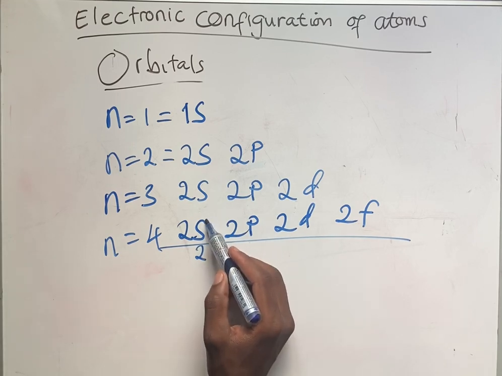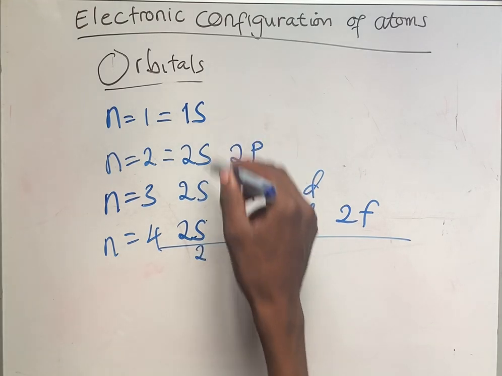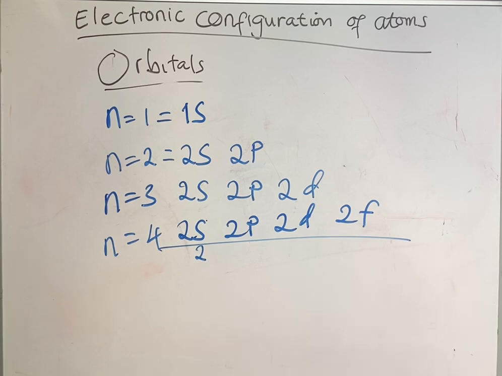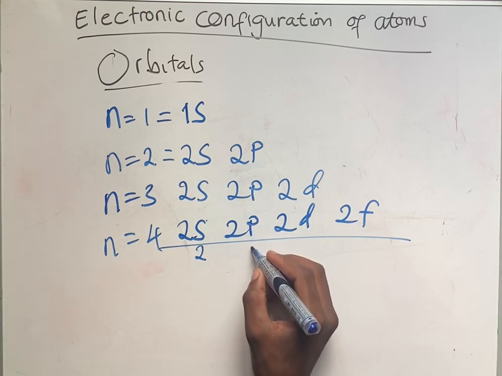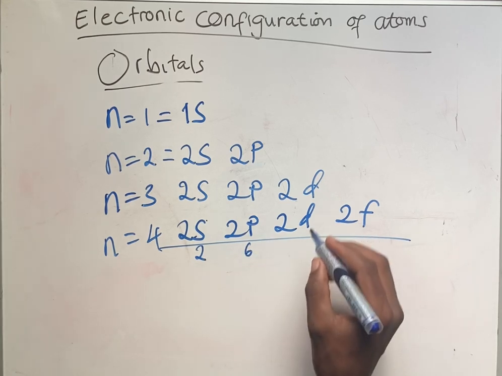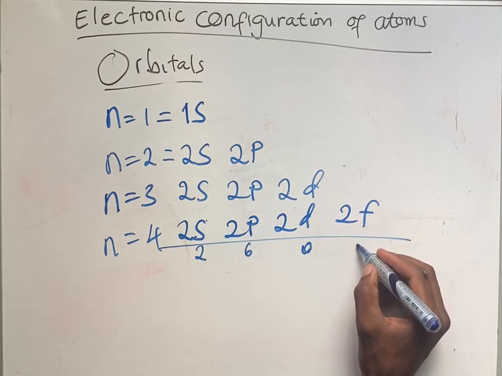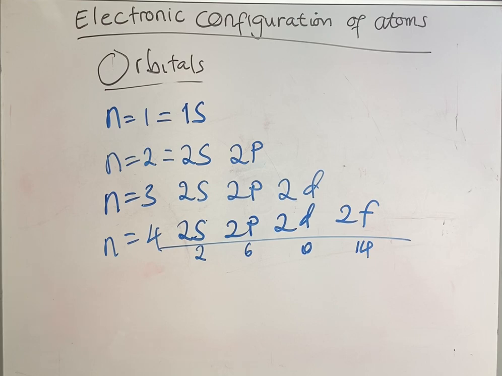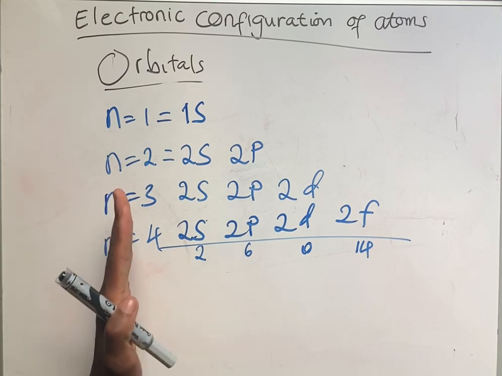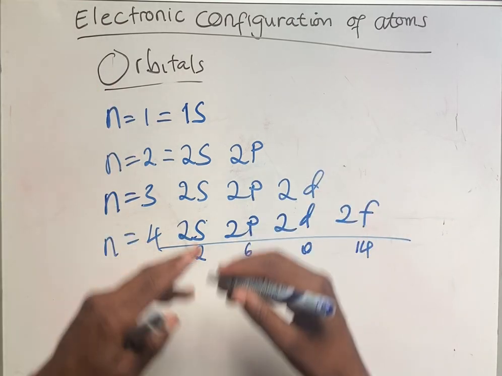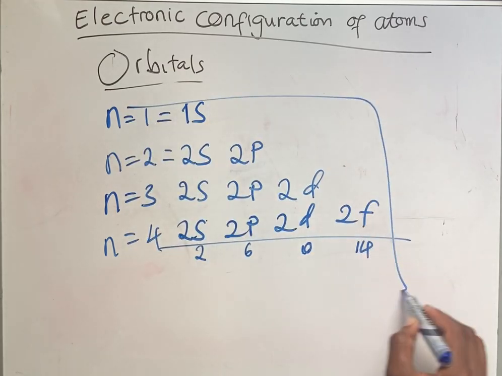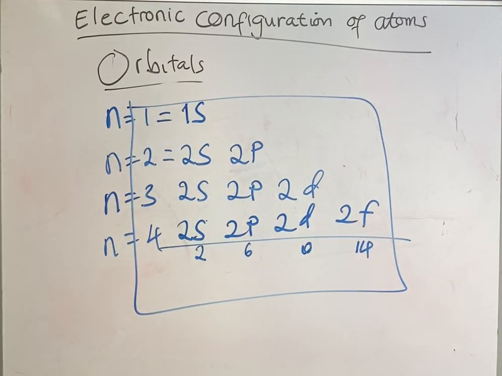The p orbital can accommodate 6 electrons, the d 10, and the f 14 electrons. This sketch is very important when writing the electronic configuration of atoms.